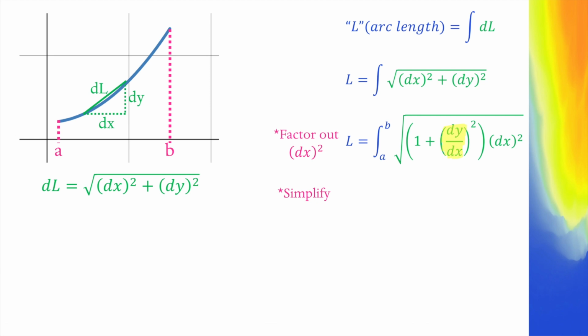Well, what's dy/dx? That's the derivative of my function. So if I simplify this, I get the square root of 1 plus the derivative of my function squared, and then the square root of dx squared is just dx.